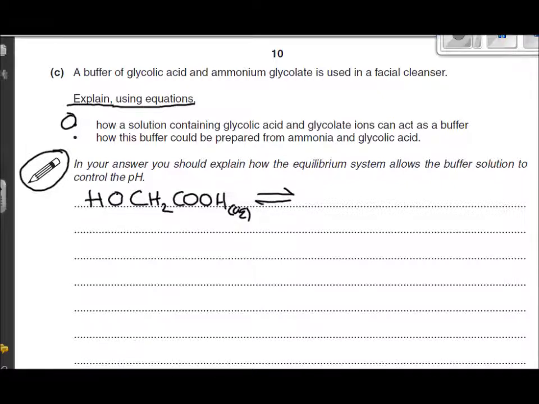So it's a reversible reaction. And some of it will dissociate into H+ ions and the negative glycolate ions, HOCH2COO-. So that's our equilibrium system that's referred to in this quality of written communication part. So let's put that onto the question right at the beginning.